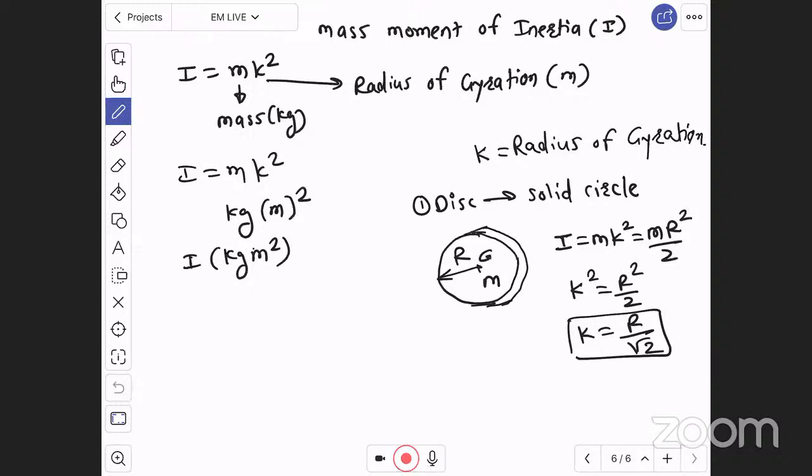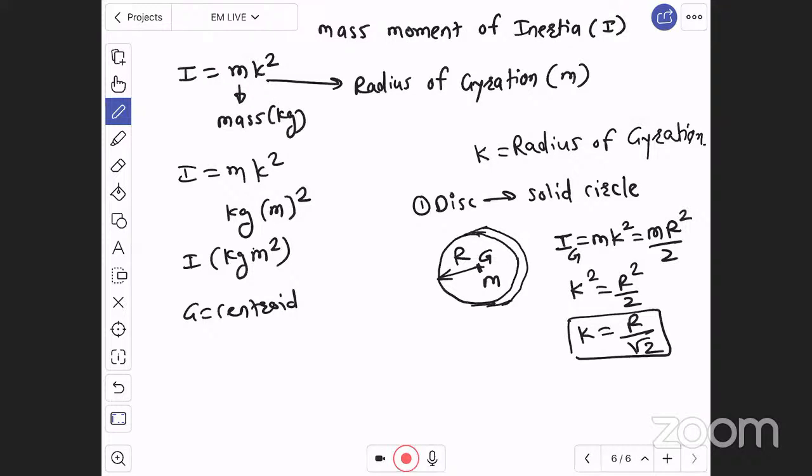This G is the center of gravity, where the total weight of the body acts. So this is I about the G point, Ig.